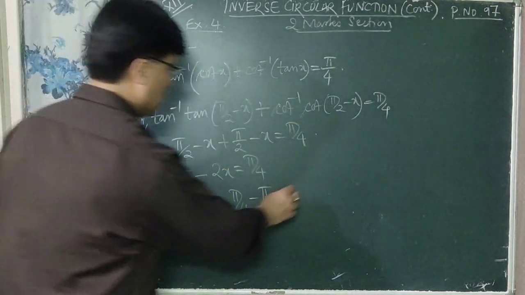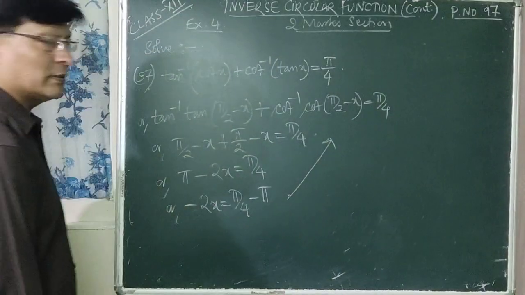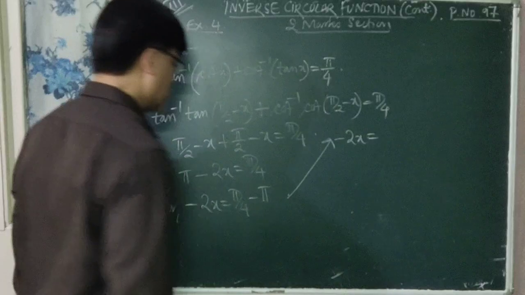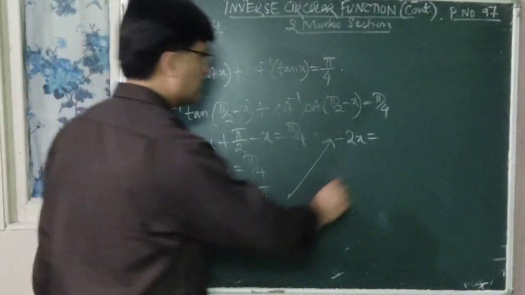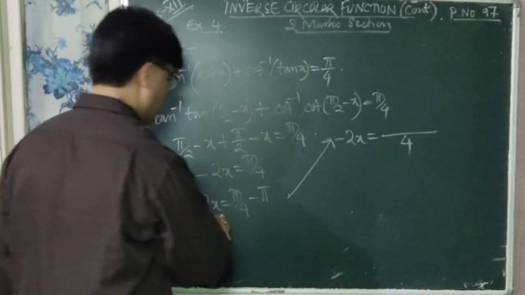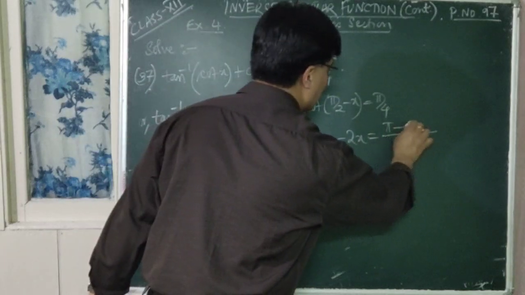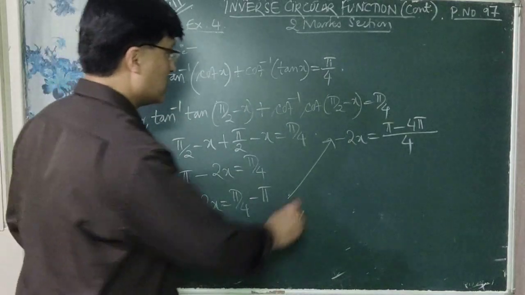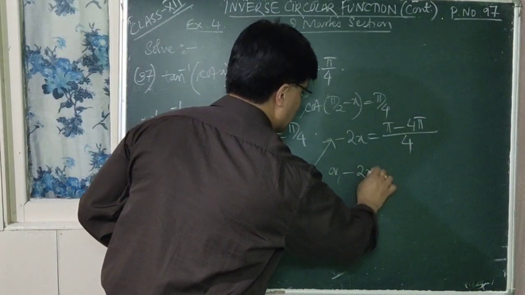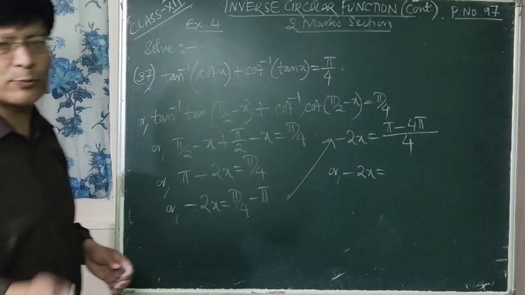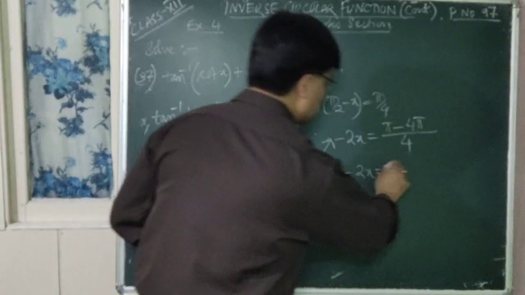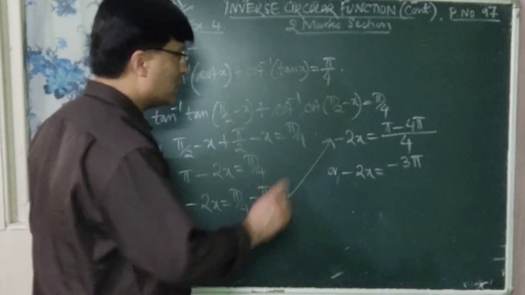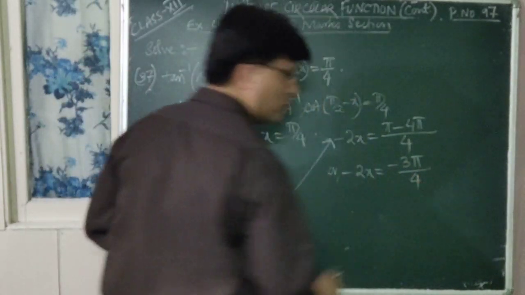So now next step, minus 2x is equal to, what is pi by 4 minus pi? LCM 4. So now in the numerator it is pi minus 4 pi, right? What is pi minus 4 pi? You have to subtract it, and you have to write down the sign of the greater number, that is minus 3 pi divided by 4.